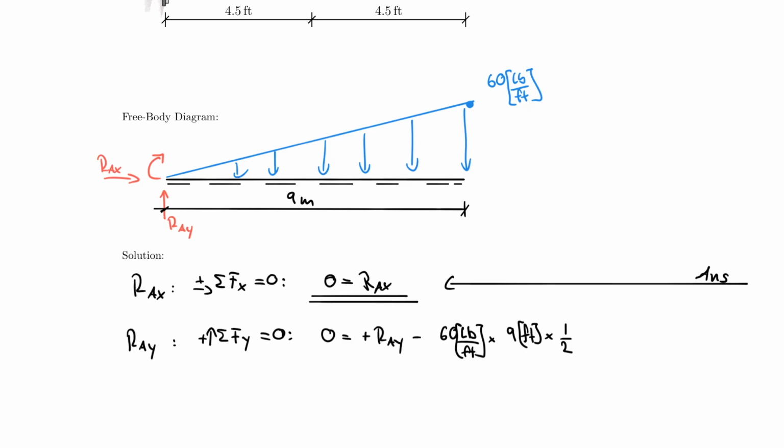Again, careful, this is it, right? Because pound per foot and foot turns out to be pounds. RAY is also in pound. So I can now calculate that this actually is 270 pound. So RAY is equal to plus 170 pounds. Plus means it's going up as before. Nothing new here.